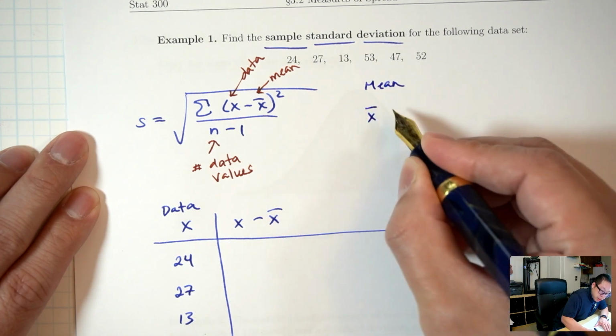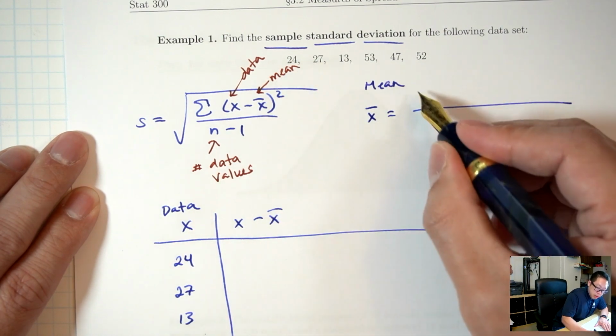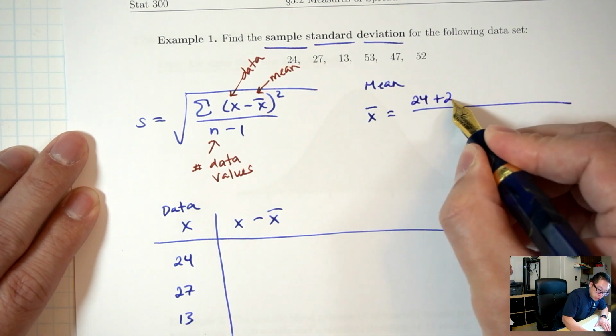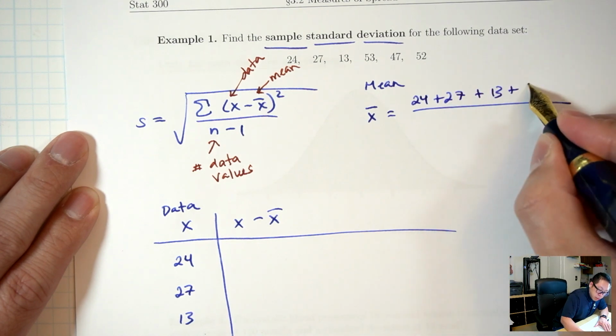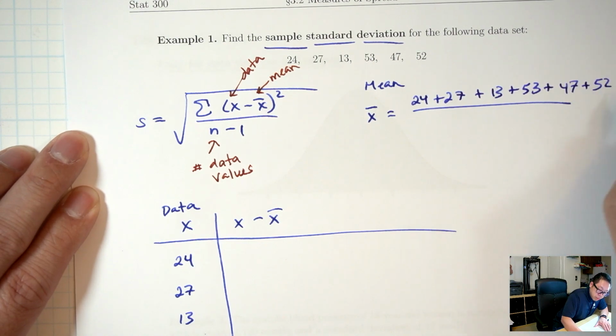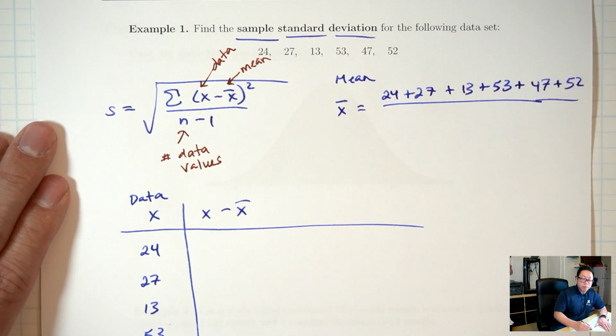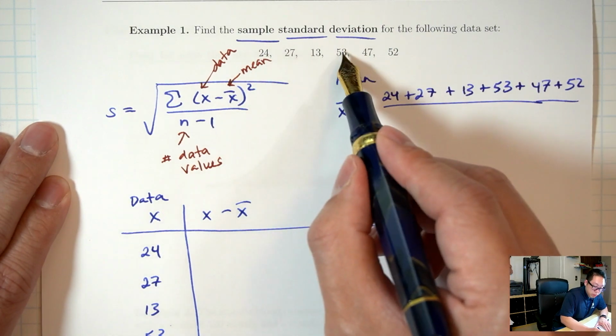And to find the mean, remember, you're going to add up everything. So that's 24 plus 27 plus 13 plus 53 plus 47 plus 52, and then divide by however many data values you have. So 1, 2, 3, 4, 5, 6.